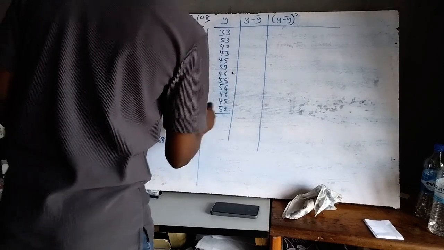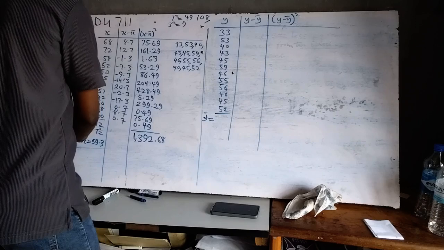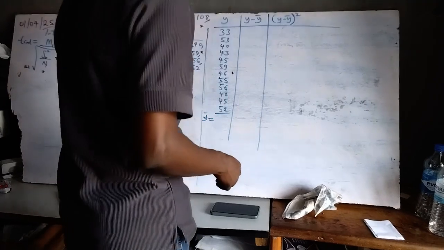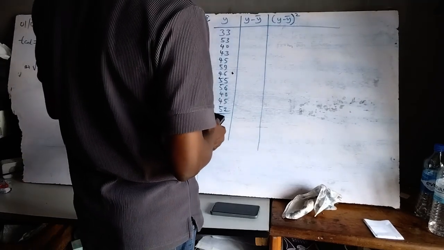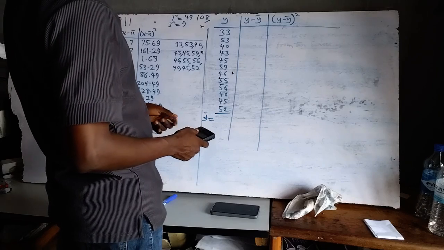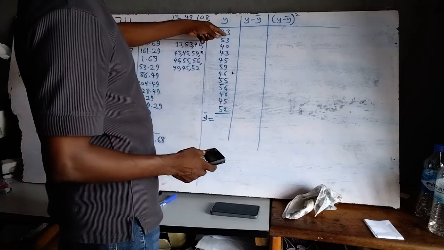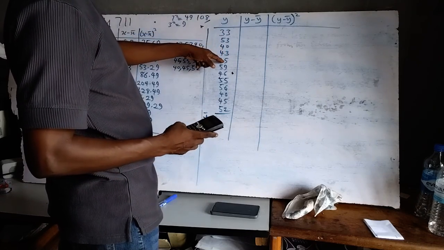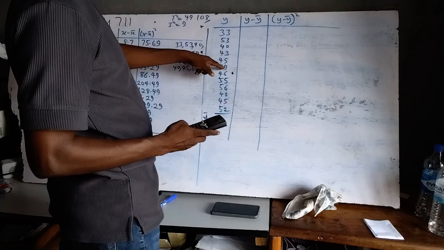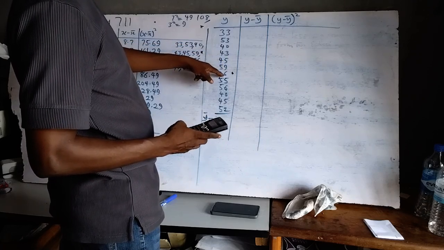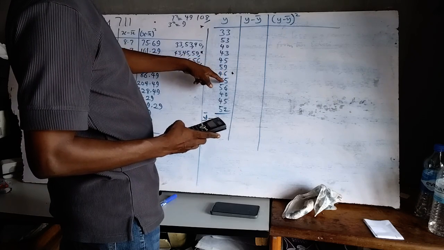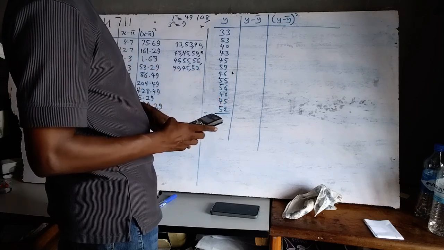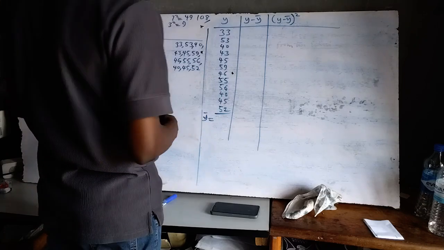Our y bar is equal to the sum of y over n. So addition of all this. Like we did the other time, to check if you are going to get the right answer: 3 plus 3 plus 3, that's 9, plus 5 plus 5 plus 9 plus 6 plus 5 plus 6 plus 5 plus 2 equals 47.